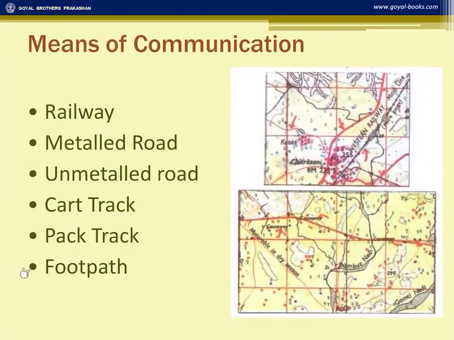So these are different means of communication. Sometimes you see motorable in dry season written there. It means that the area can be accessed in the dry season, and people are able to drive their car, or drive their bullock cart, or walk through that stream or river. So this shows that the area gets seasonal rainfall.